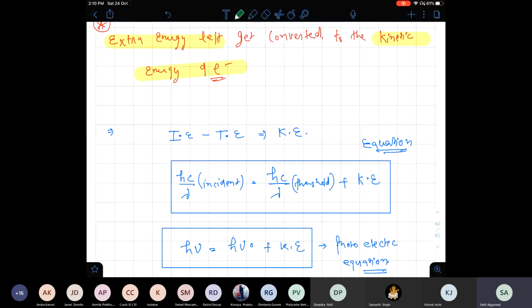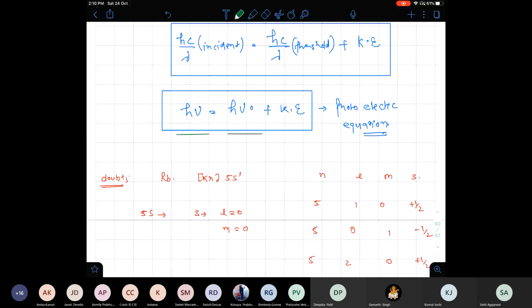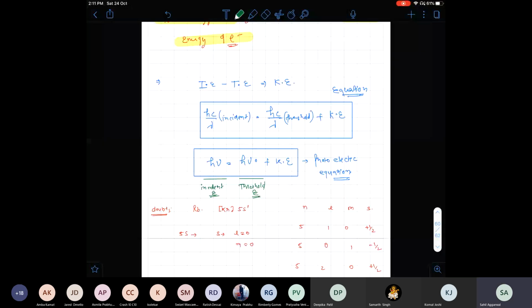Till photoelectric equation. This is incident energy. This is threshold energy. Okay. Let's try.